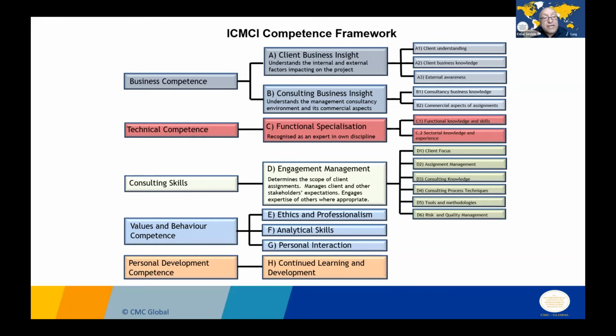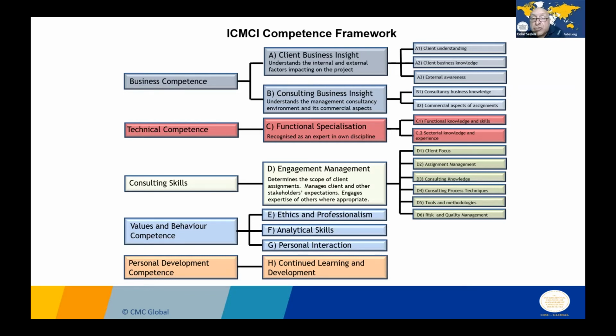A good list of stakeholders is provided in the ISO 27700 standard as an appendix. So engages expertise of others where appropriate. So you may need to have a good understanding of stakeholder relationships, the impact and the interaction of stakeholders with the client, which is an important aspect to understand and be aware of.